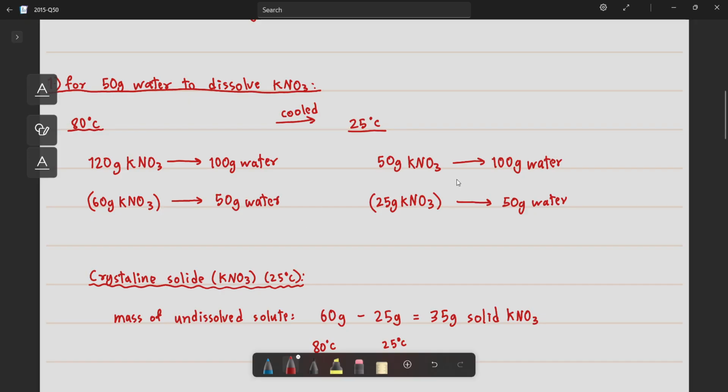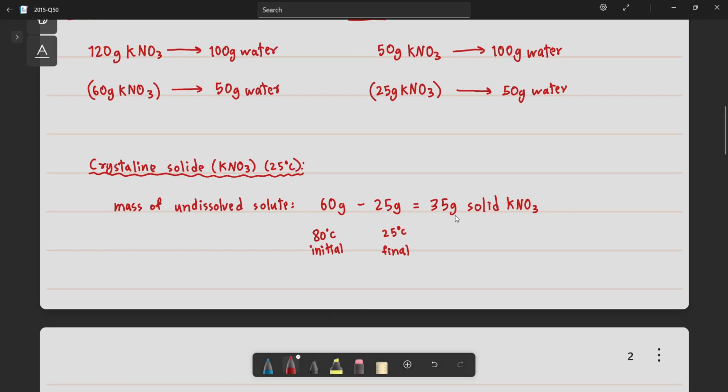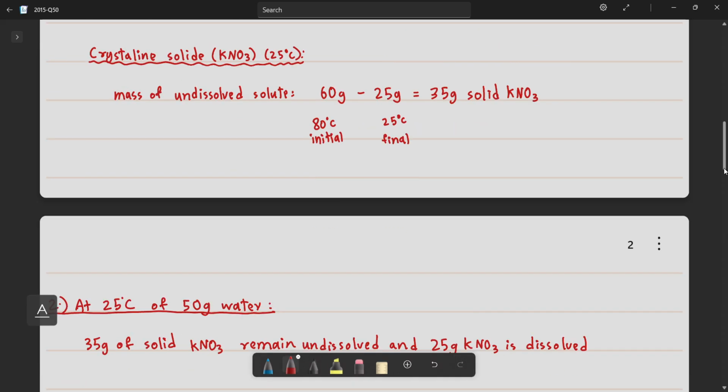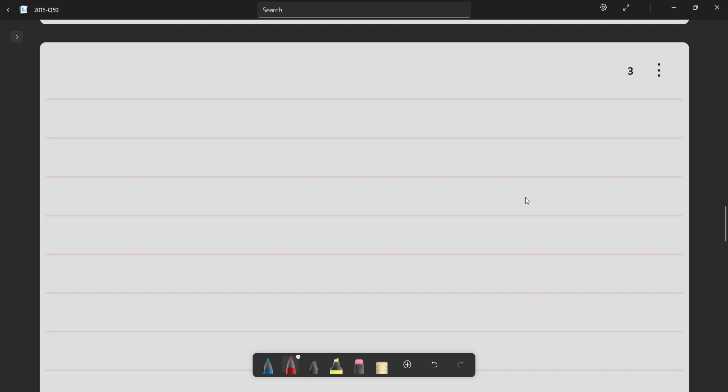So there is a decrease in the amount of potassium nitrate dissolved as well. We had 25 gram of solid potassium nitrate remaining undissolved, which explains the decrease in the amount of potassium nitrate dissolved in water. From this step, you can go into the second step directly, where you find the minimum amount of water needed to dissolve this 35 gram.